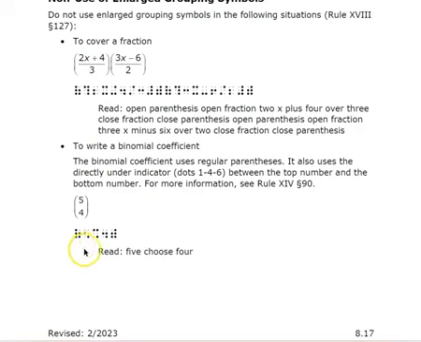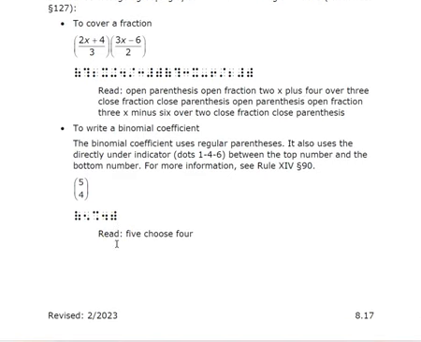So you have a parentheses, 5, then we have the directly under indicator, which means choose, 4, close parentheses. It says directly under indicator. Remember we used that when we were doing a line over or under.